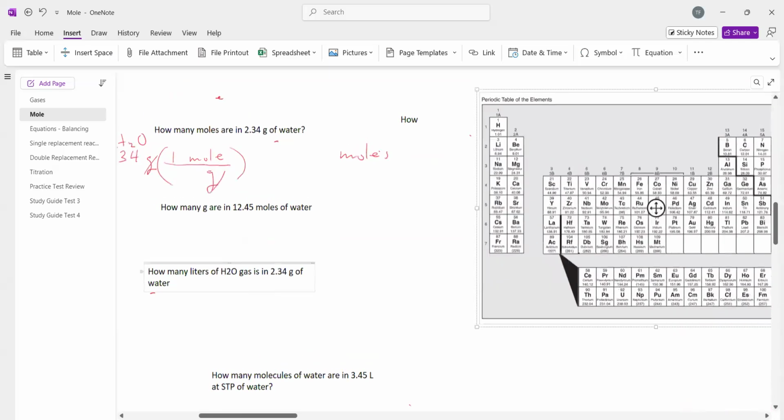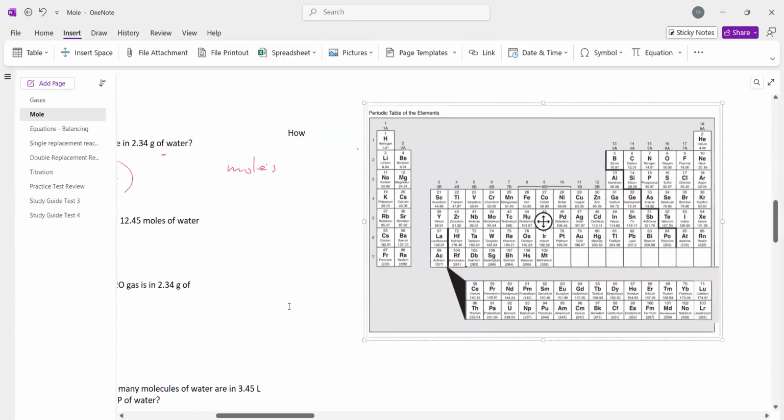Okay, so we look at the periodic table, the one for our class.